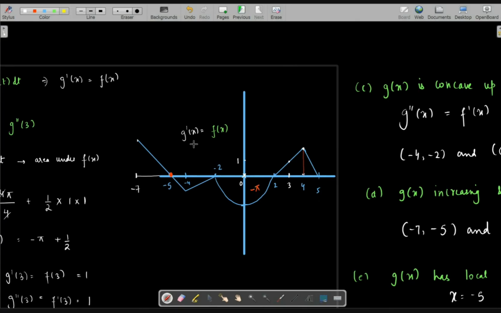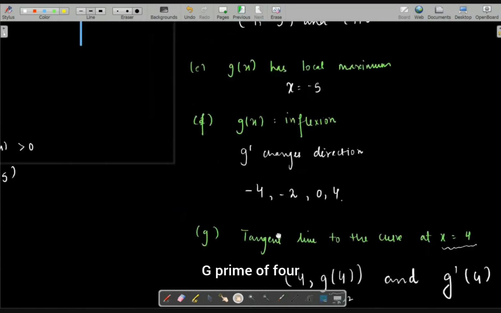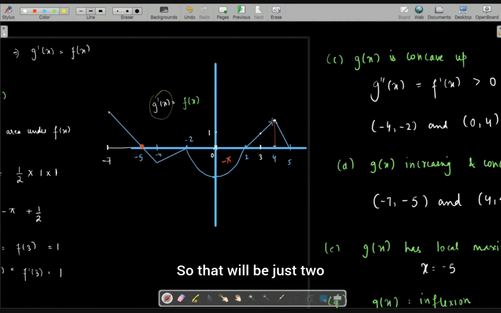This is the graph of g prime of x. So we want the value of g prime of 4, and that will be just 2. If you had to find f prime of 4, that would not be defined.